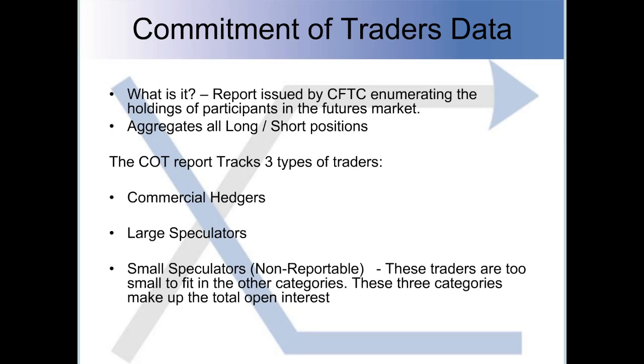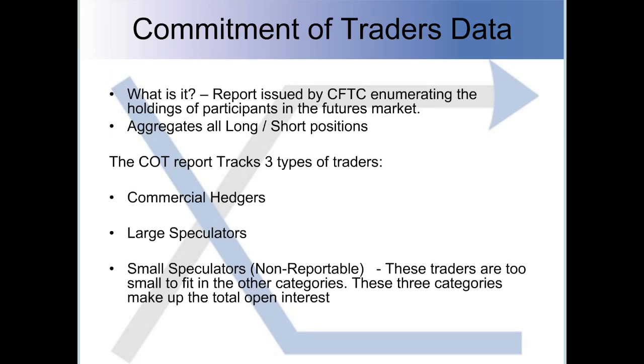The COT report tracks three types of traders: the commercial hedgers, the large speculators, and the small speculators. The small and large speculators are players that are important to watch, but they're not as important as the commercial hedgers. Small speculators, being non-reportable, are typically retail, considered speculative or dumb money.